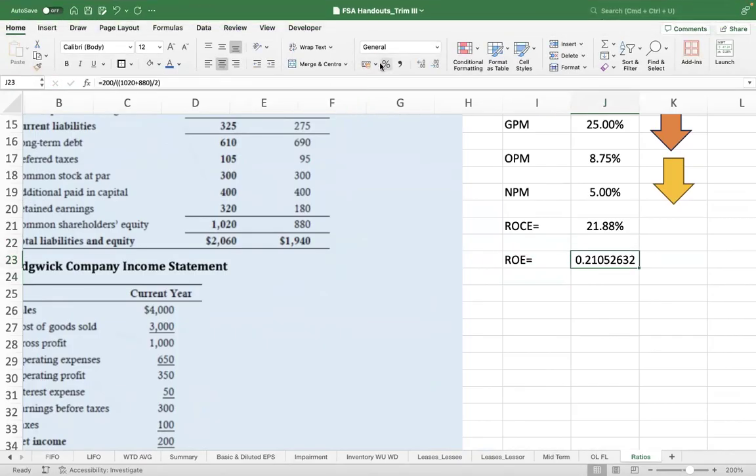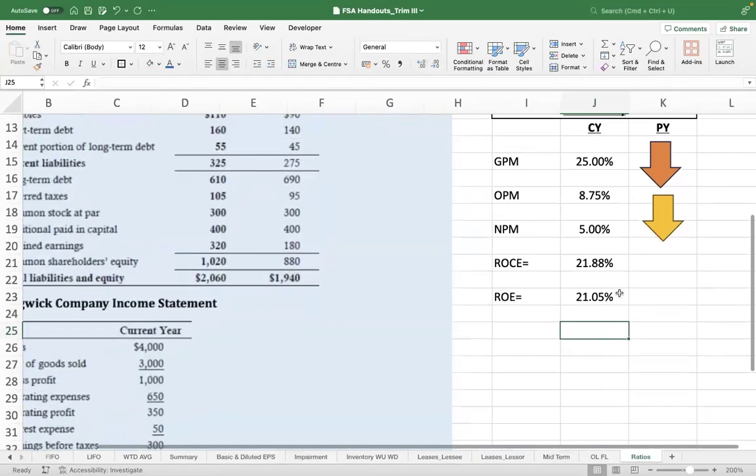That is also coming out to be 21.05%. Right? Now here आप देखोगे कि your return on capital employed and return on equity is quite healthy compared to your NPM and OPM, which probably means that the sales aren't that great, but the margins are good from a capital perspective, isn't it?